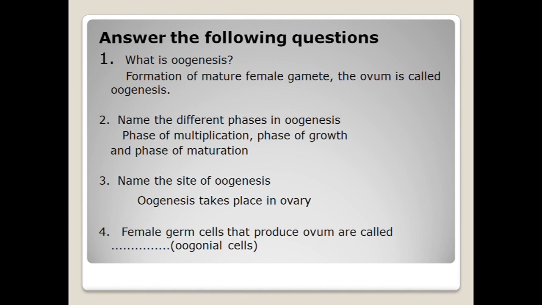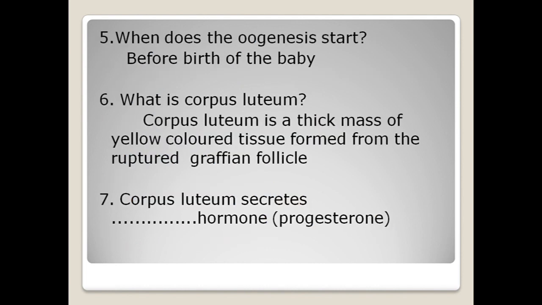Female germ cells that produce ovum are called dash: oogonial cells. When does the oogenesis start? Oogenesis starts before birth of the baby. What is corpus luteum? Corpus luteum is a thick mass of yellow-colored tissue formed from the ruptured Graafian follicle. Corpus luteum secretes dash hormone: progesterone hormone.